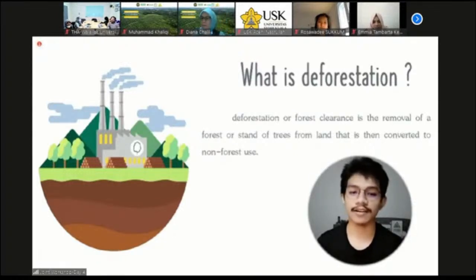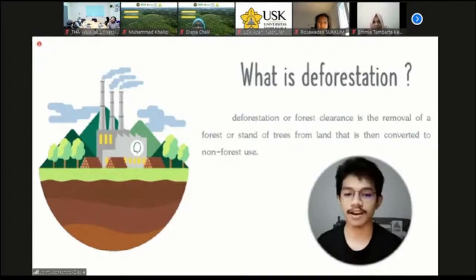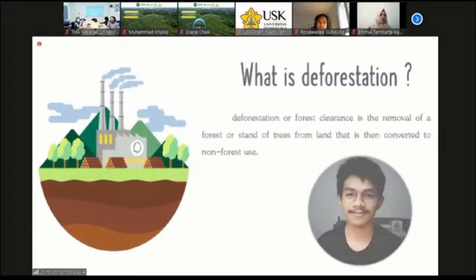The Food and Agriculture Organization of the United Nations defines deforestation as the conversion of forests to other land uses. Regardless of whether it is human-induced, deforestation can involve conversion of forest land to farms, ranches, or urban use.